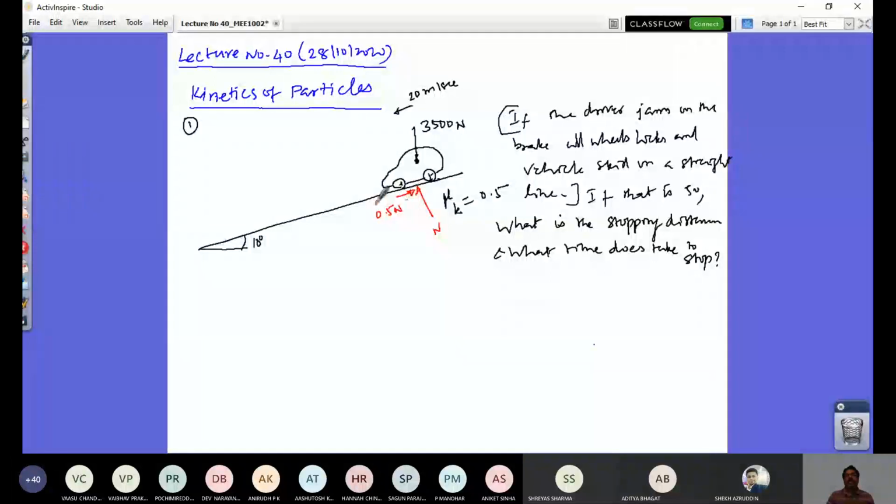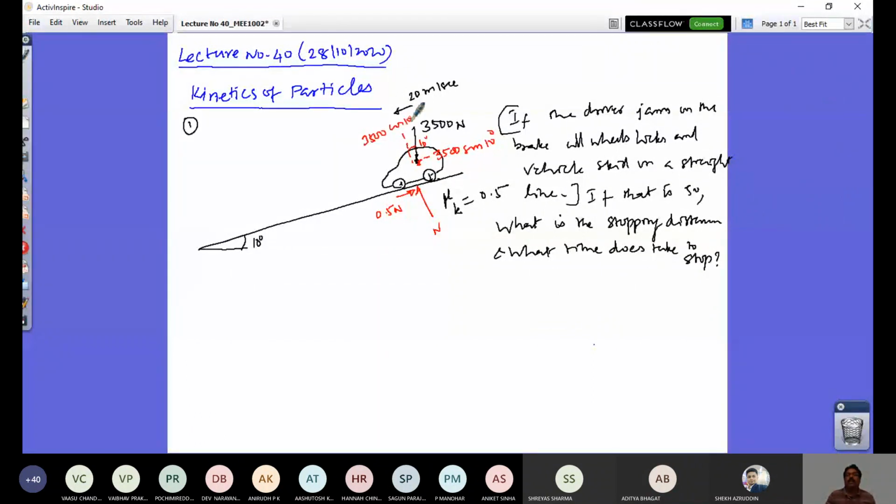So this weight can be resolved into two components. If this angle is 10 degrees, this component along the slope is 3,500 sine 10 degrees, and this perpendicular component is 3,500 cos 10 degrees.